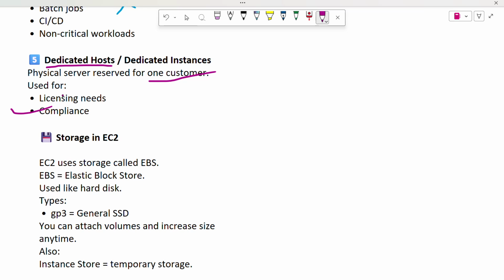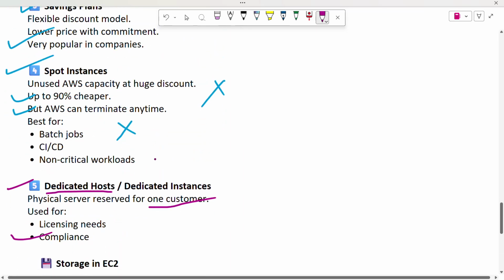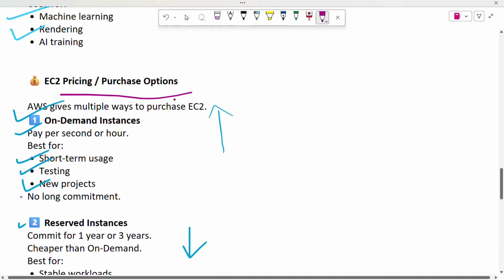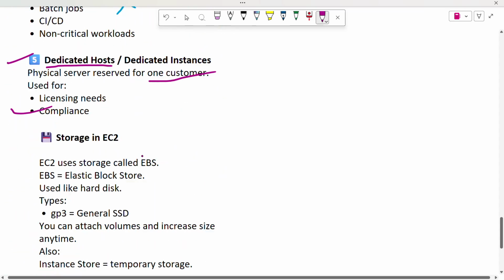Do you have a dedicated rack? Do you have a dedicated host? In those cases, this particular instance type is used. So these are the five types of EC2 purchasing options: on demand, reserved, savings plan, spot, and dedicated host, or you can also call it dedicated instances.